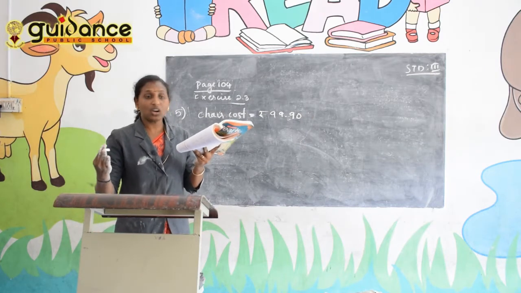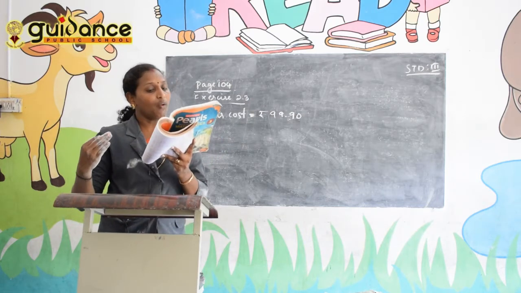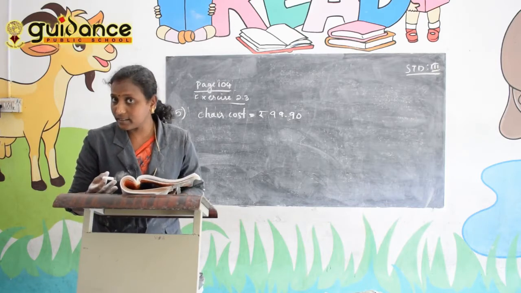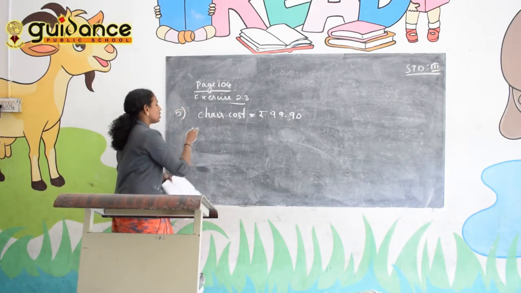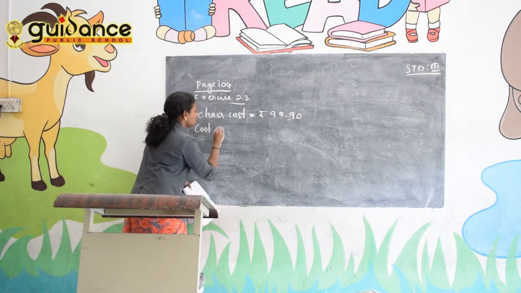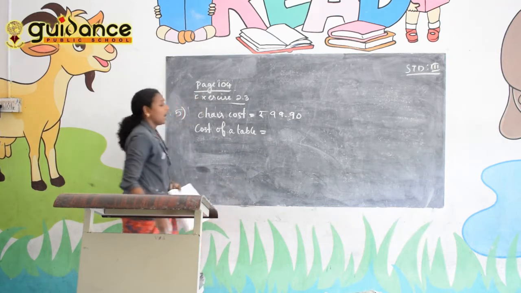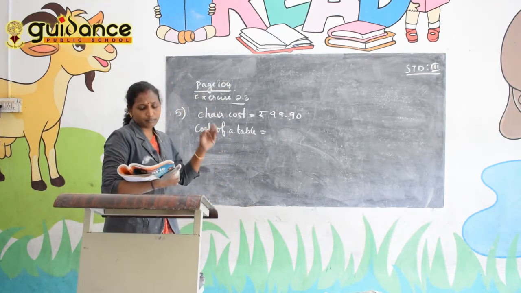And one hint is there. The cost of the table is 175 rupees 80 paise more than a chair. The chair cost is given in our question. So what is the cost of a table? How will you find out the cost of a table?